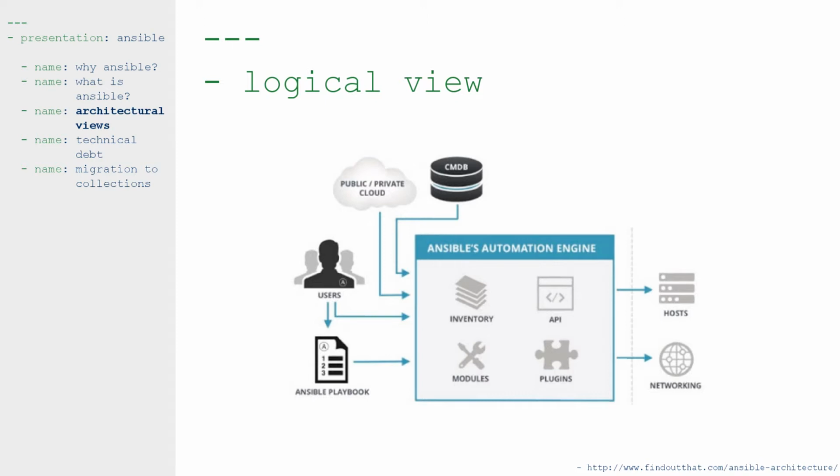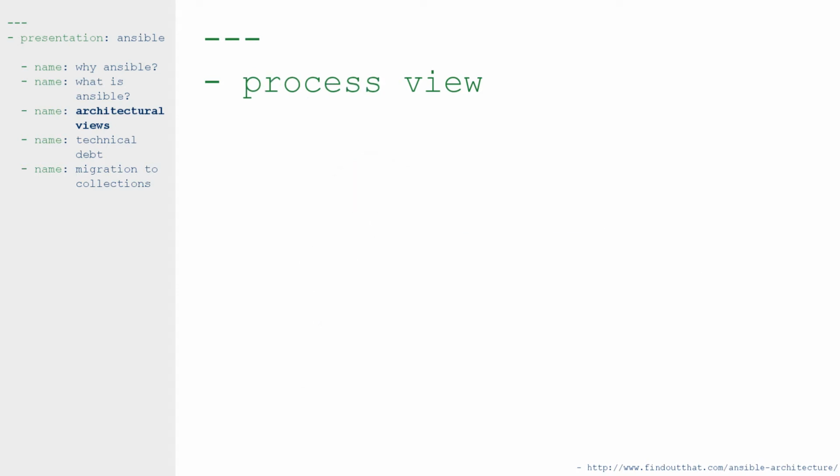This is basically the input of an automation task. And on the right-hand side, you can see the hosts and the networking. So these are targets of an Ansible automation task. And the most important parts of the Ansible automation engine, as you can see, are the inventory, the API, the modules, and the plugins.